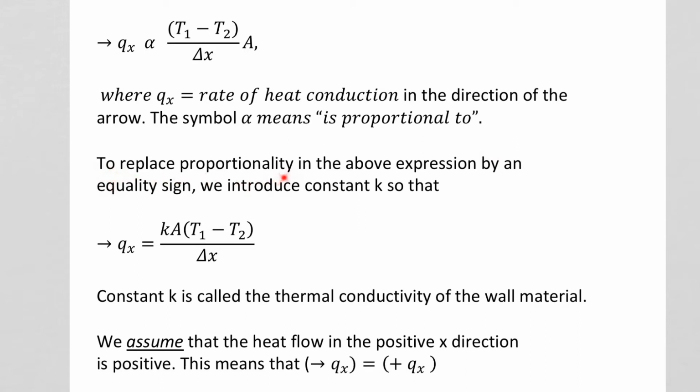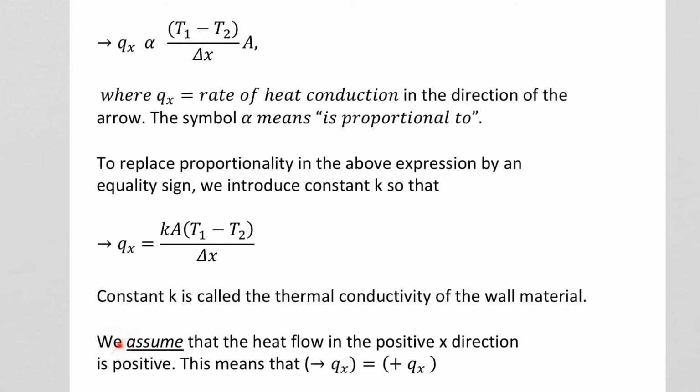To replace proportionality in the above expression by an equality sign, we introduce constant K, so that this rate of heat transfer in the direction of the arrow is equal to KA (T1 minus T2) divided by delta x. Constant K is called the thermal conductivity of the wall material.